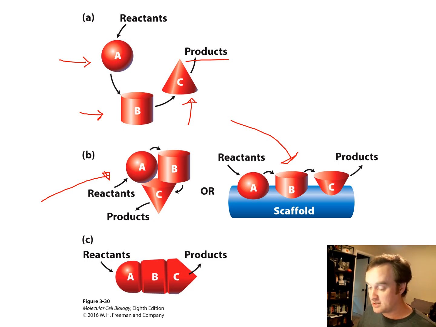Another possibility is that instead of having these multi-protein macromolecules, we could have a genetically linked macromolecule.